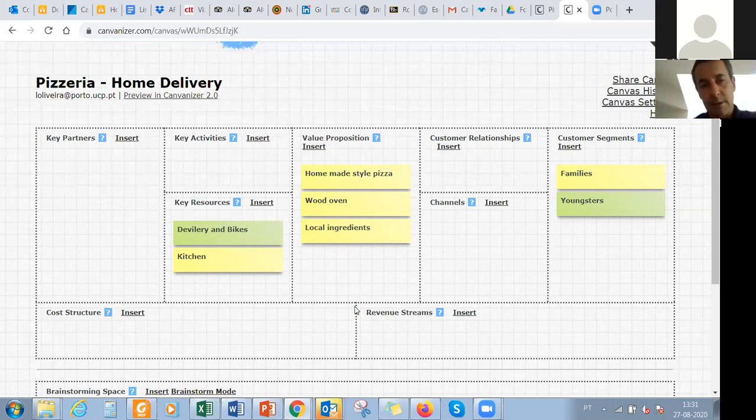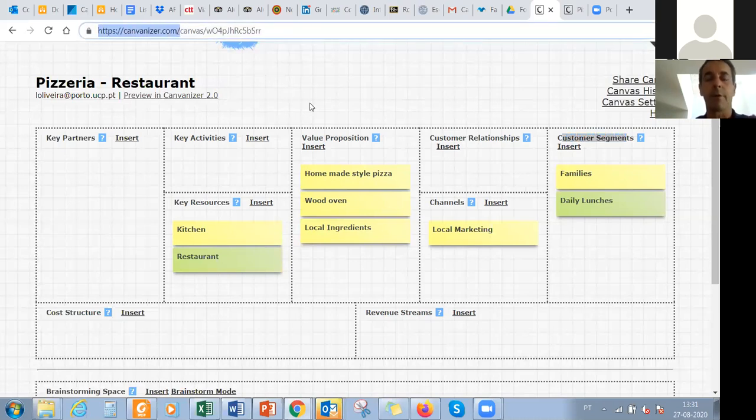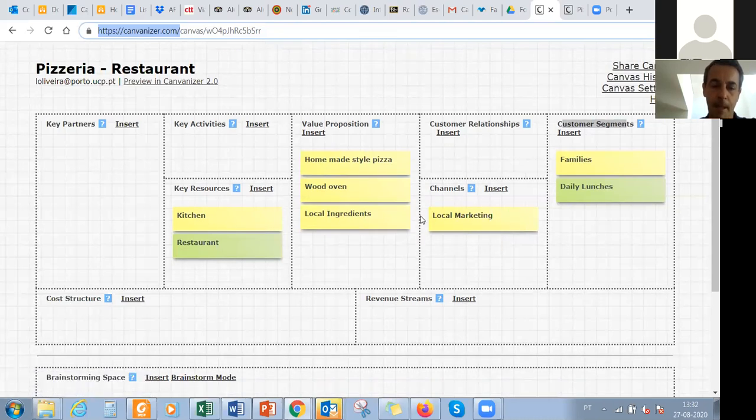So in some way, this is a very simple example, using something that all of us understand well, with this Convenizer, which is a free tool that everybody can use, but can give us a glance at what we are thinking with this framework, putting the right key concepts in each of the 9 building blocks.